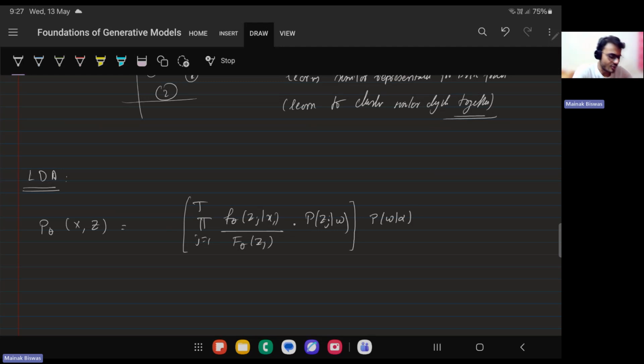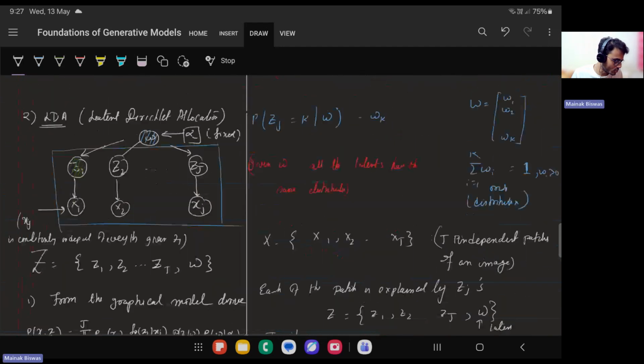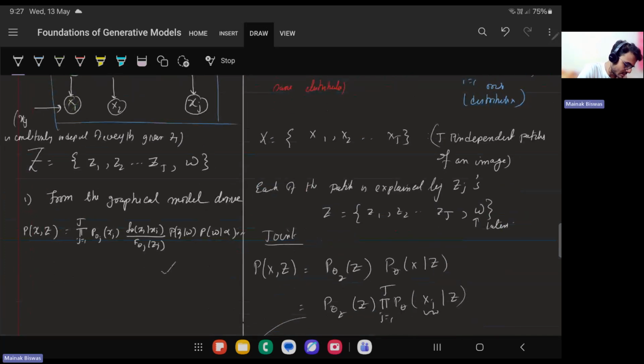That's it. Alpha is fixed, therefore I'm not multiplying with it, this is constant. And I will have the product of j equal to 1 to J of p theta j of xj. I hope this is the correct likelihood. Joint distribution. Yes, it is.